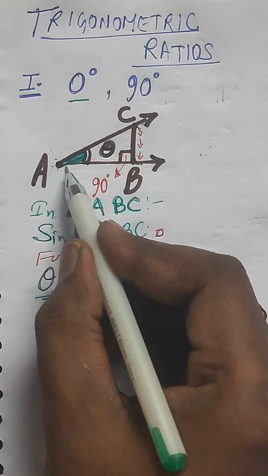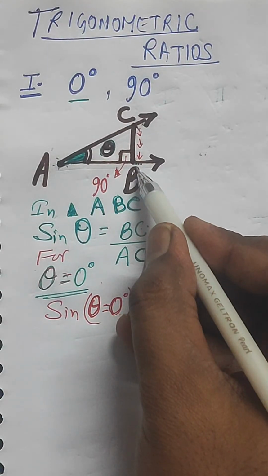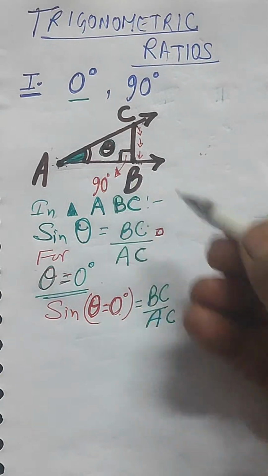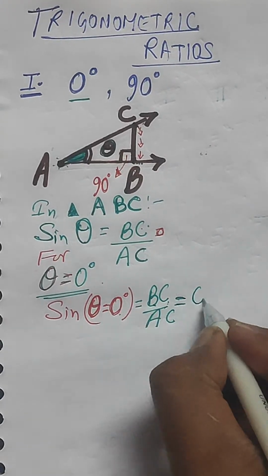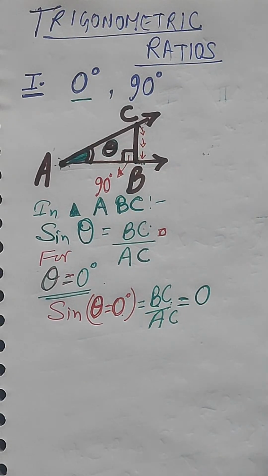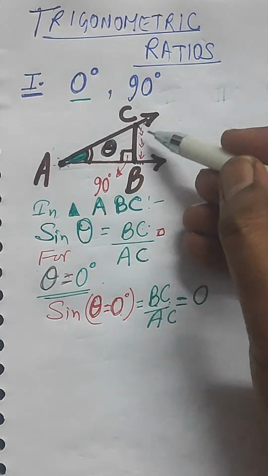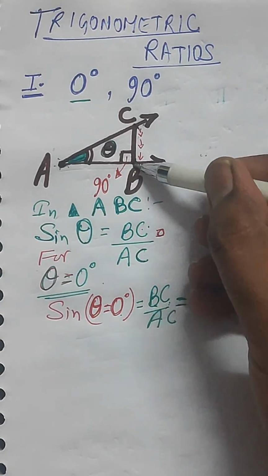And when theta equal to 0 degree, the length of BC will be equal to 0. How? Because C will be coming and colliding with B.